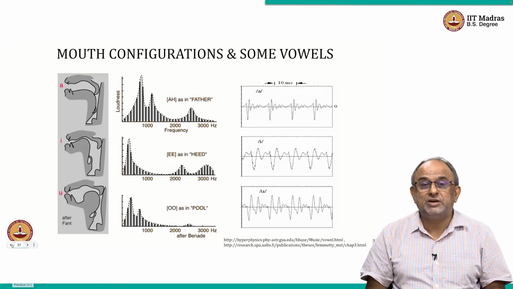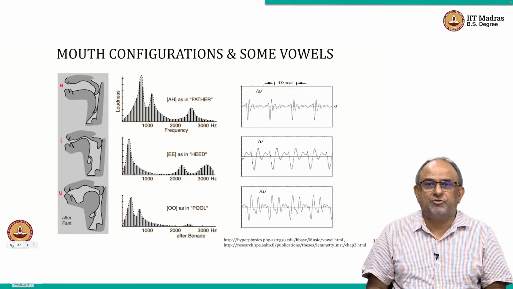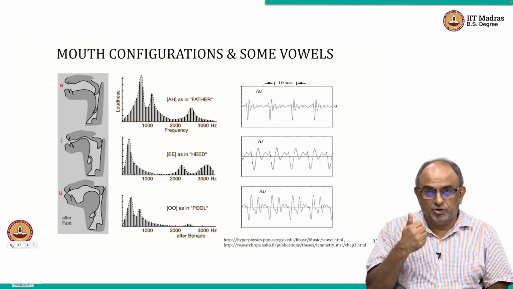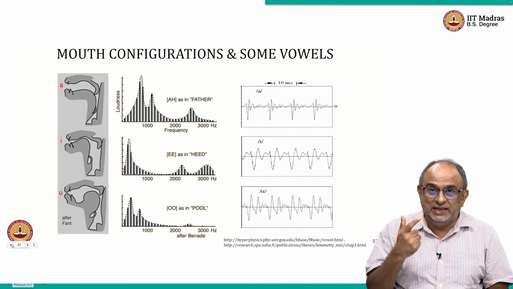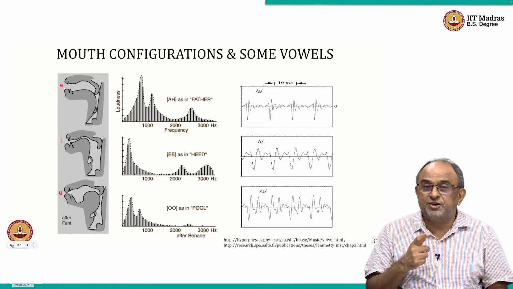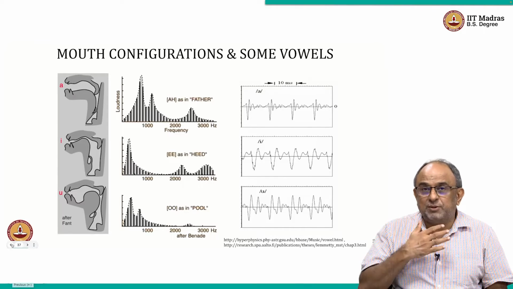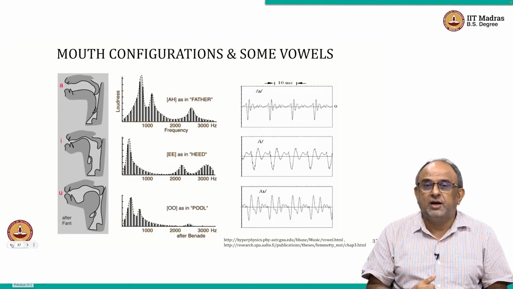But in spoken language, even in English, we don't have 5, we have much more. We have A, that's a spoken vowel A, spoken vowel E, spoken vowel U. But there is a difference between A and A. What is the difference? It's not that I am speaking it for a longer period of time.